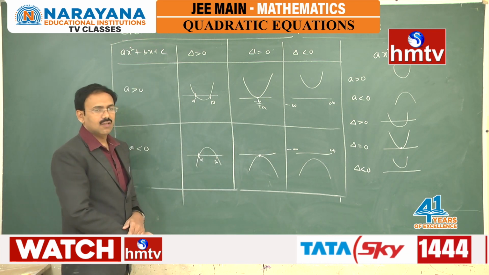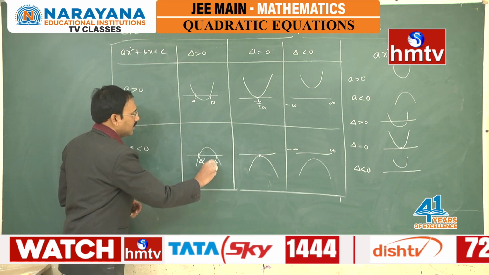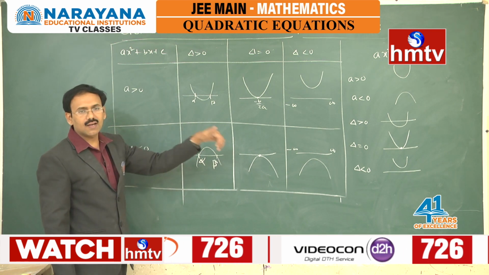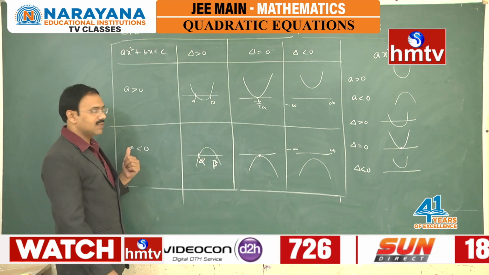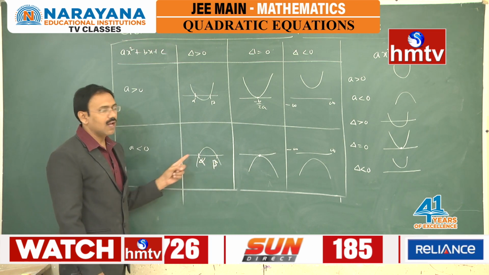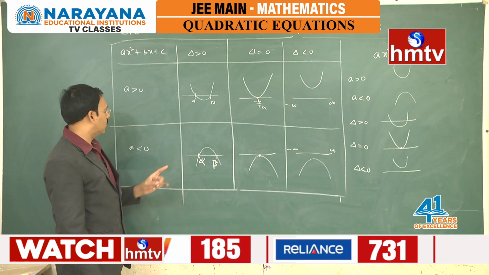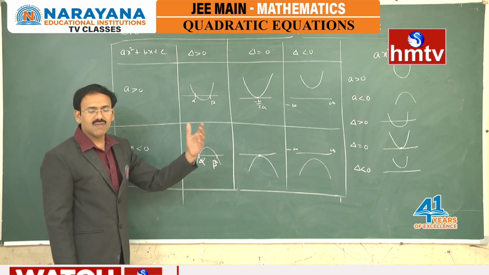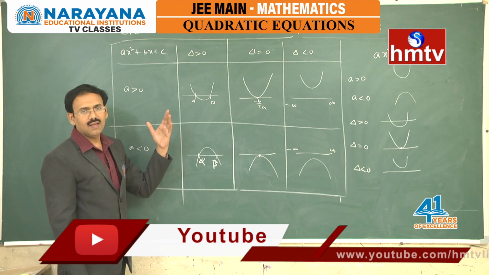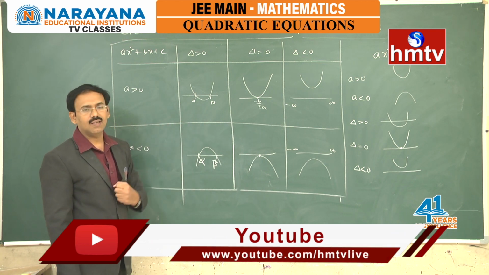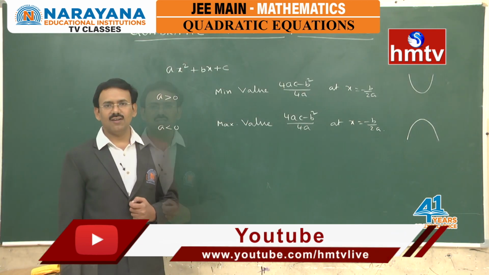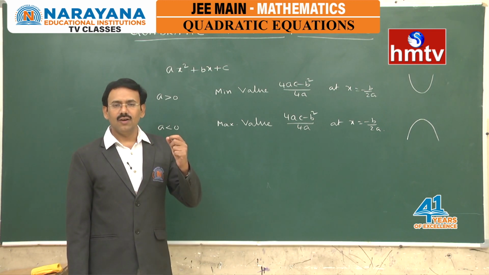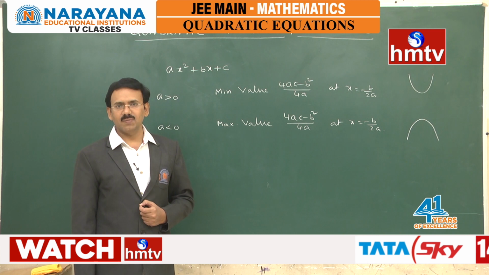In this case, this is alpha, this is beta. Here also for less than alpha and greater than beta, negative, which is the sign of a, between alpha and beta, positive, which is the opposite sign of a. So the meaning of the previous 3 results can be clearly understood here in this curve. So far we discussed quadratic equations and we were discussing quadratic expressions.